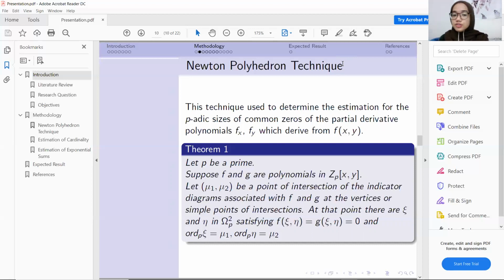This technique is used to determine the estimation for the p-adic size of common zeros of the partial derivative polynomials fx, fy, which derive from f(x,y).